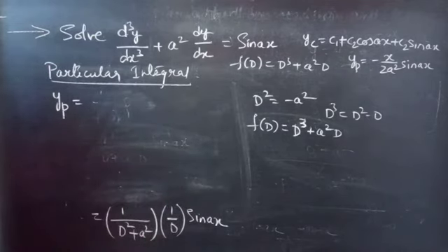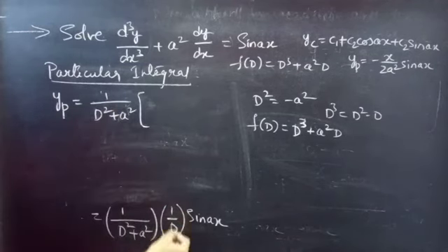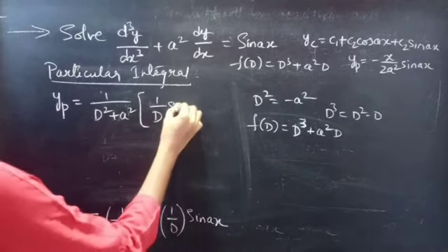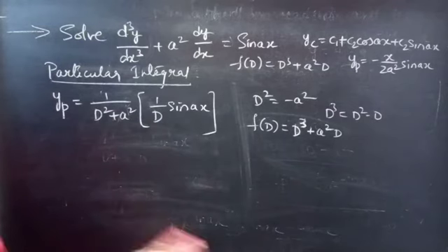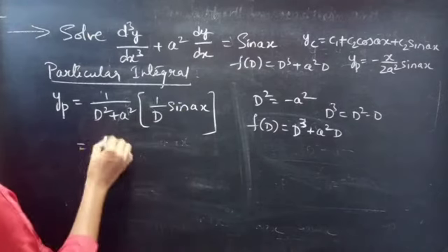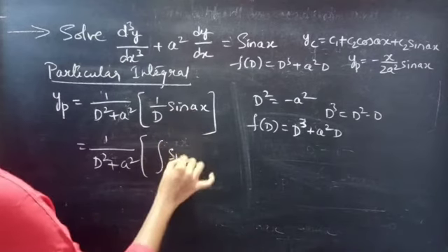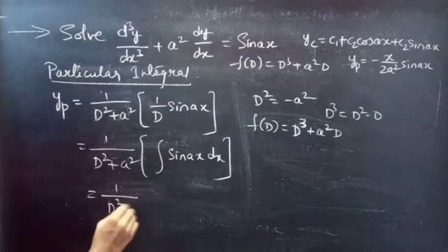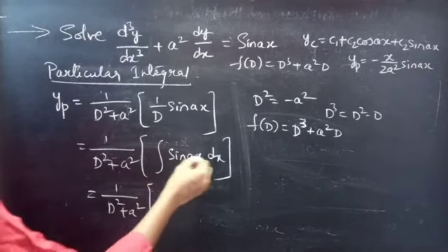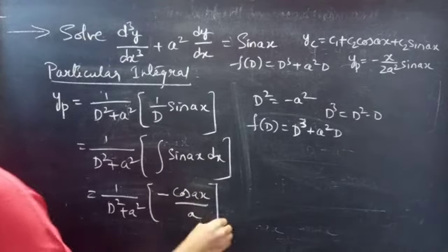Now we'll write this as 1 by D square plus a square into, firstly we'll find 1 by D sine ax. 1 by D is the inverse of the differential operator. So we need to find the integral of sine ax dx. Then 1 by D square plus a square into the integral of sine ax dx, which is minus cos ax by a.